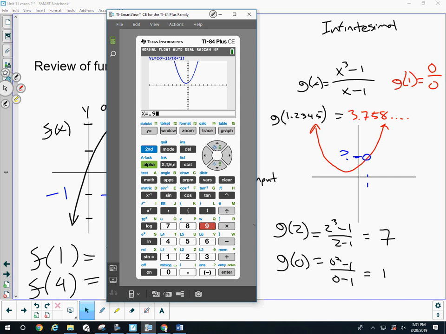Let's get even closer. 2.9997. We could have done the same thing on the other side. I still can't plug in 1, right? Because if I plug in 1, I get 0 in the denominator. But plugging in 1.0001, that's allowed because I'm not going to get 0 in the denominator. I'm going to get some decimal.